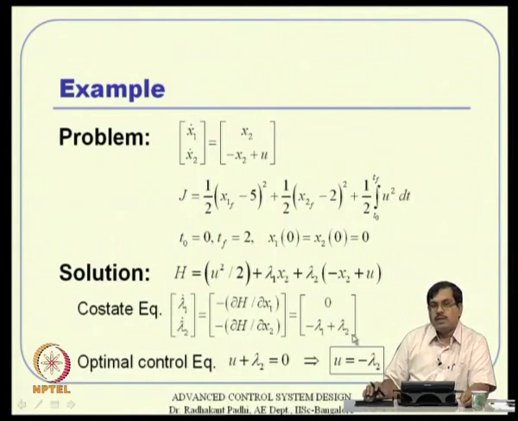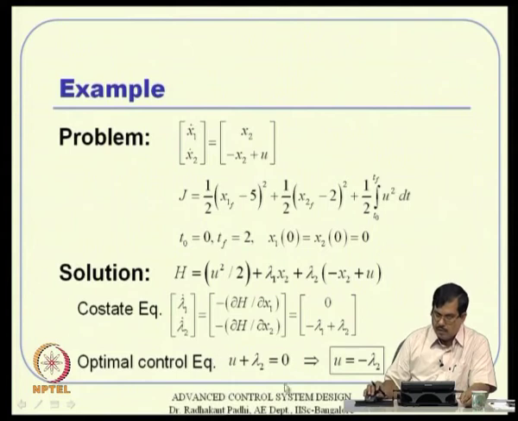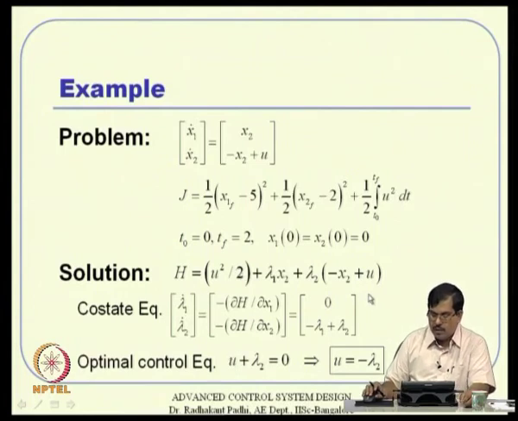Now, the optimal control equation. You have this Hamiltonian here, and del H by del u needs to be equal to 0. So, H is like this. Del H by del u is something like: the first term is u, remember the 2 will cancel with the 2, and the second term, the partial derivative with respect to u, is lambda 2.